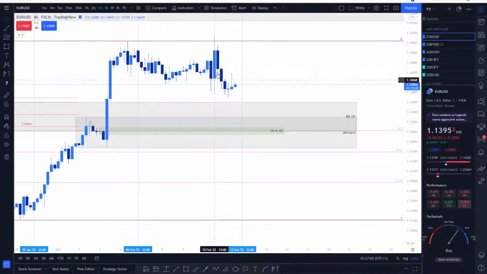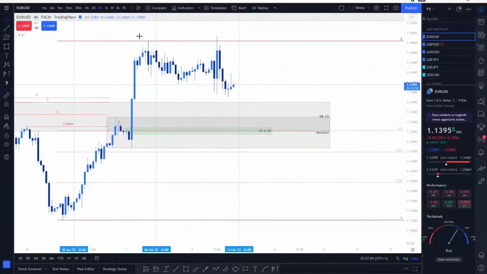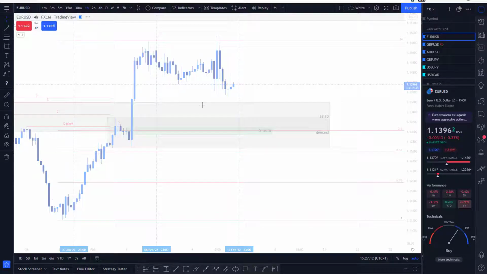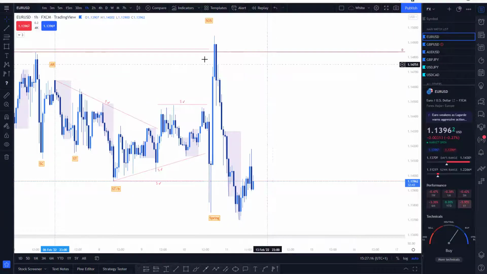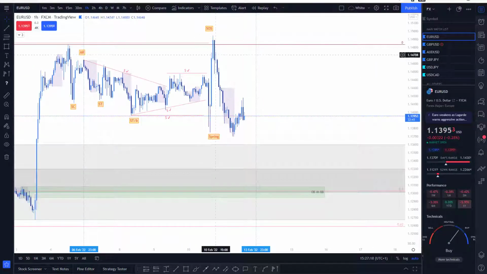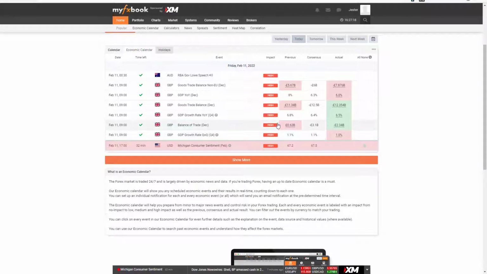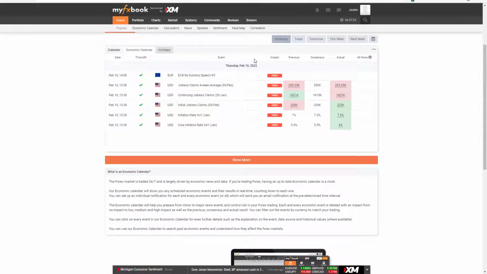And yesterday was a stellar example of liquidity grab from both sides. So what happened? There was the news here yesterday.